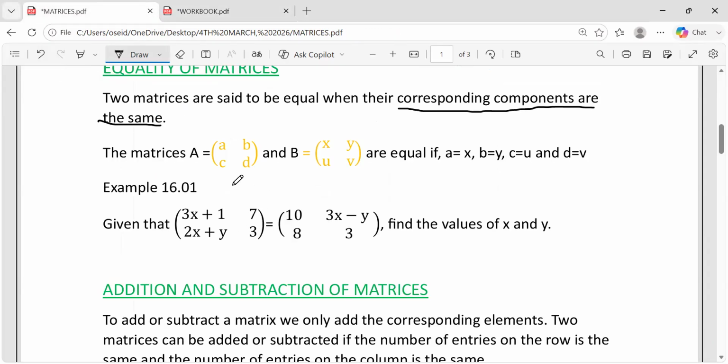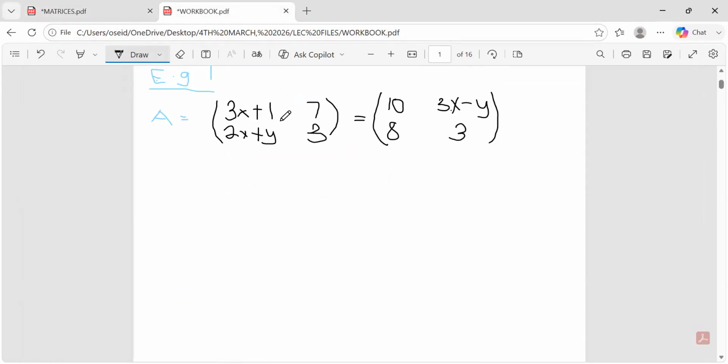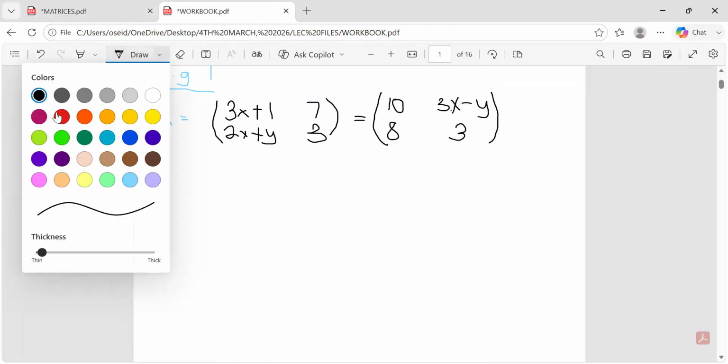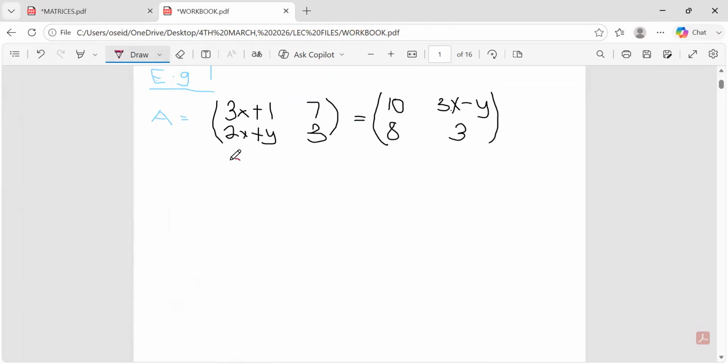So we say that what? Two matrices are said to be equal when their corresponding components are the same. So when the corresponding components are the same, we have a solution. The above matrix is a 2 by 2 matrix, and this one also is a 2 by 2 matrix.